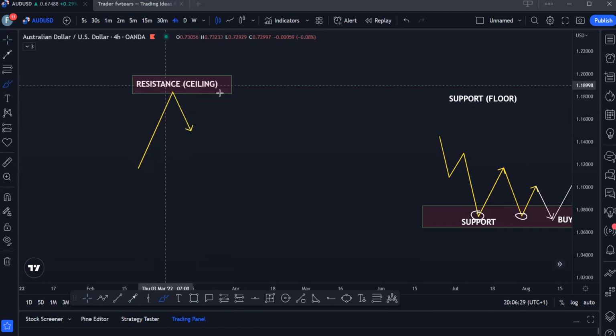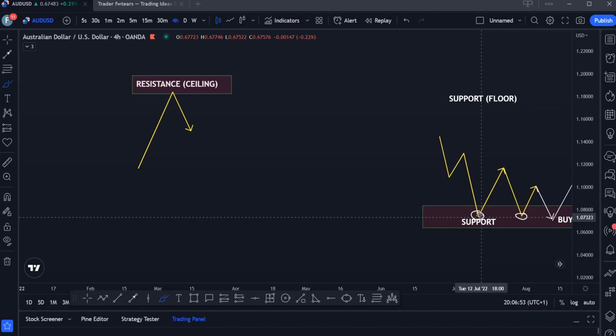Okay, resistance and support zones are psychological levels in the market. They are zones where buyers and sellers are very, very active. Okay, a resistance zone is a zone in the market where sellers are looking to sell.